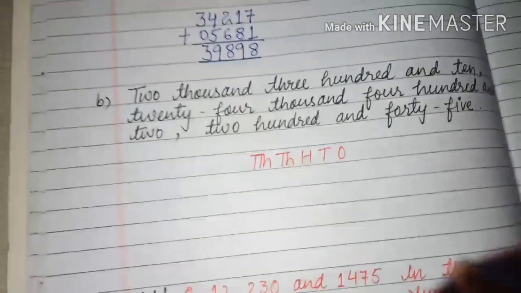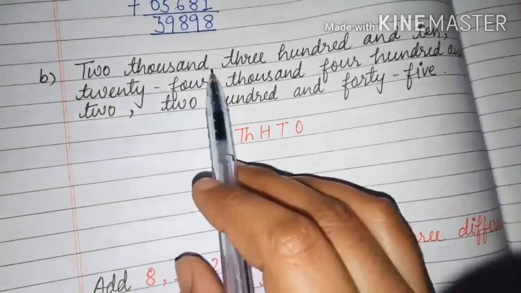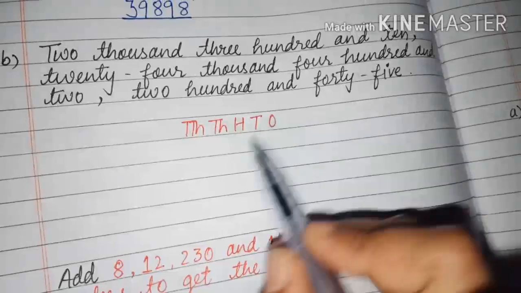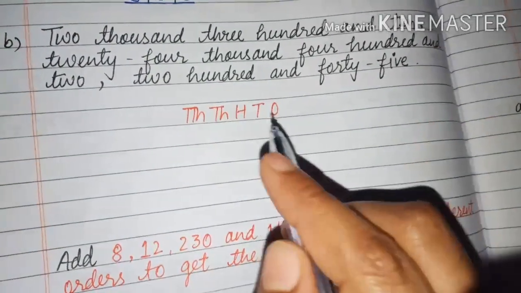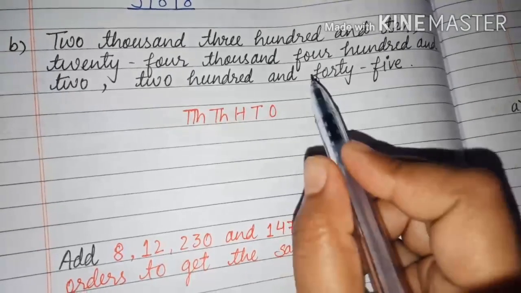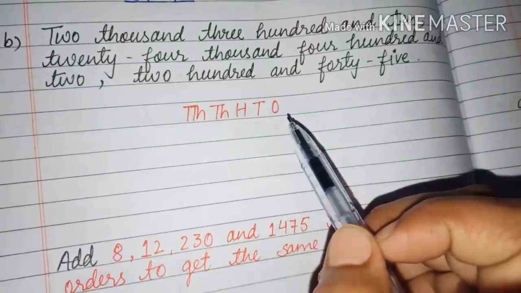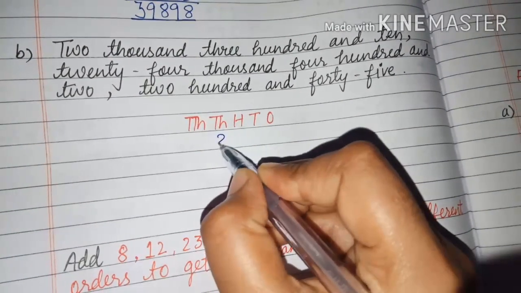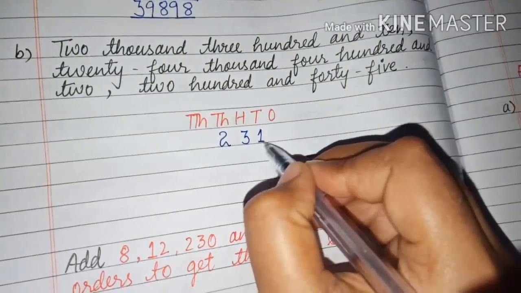Second type of question is that are written in the words. So 2310, comma is given to you. So first of all write this number. I have already written ones, tens, 100,000, 10,000. You also have to write this whenever you are doing a sum which consists of the question in the form of words. So 2000 will 1000 के नीचे I will write 2. 300 and 10, so 10 will be written like this.